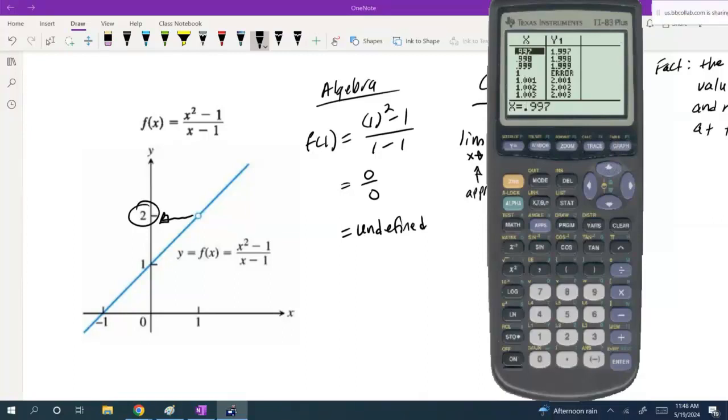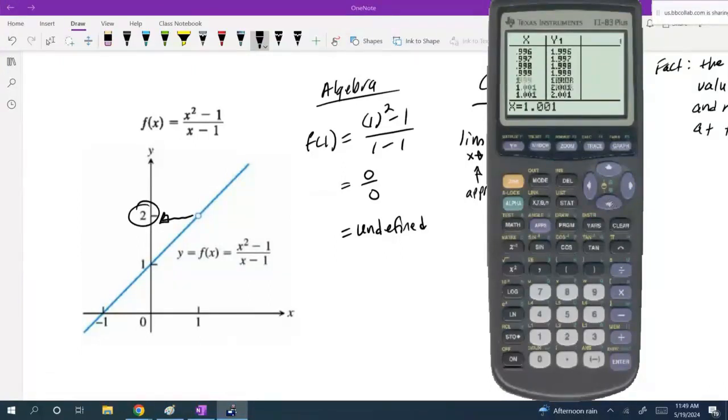All right, so notice as we approach 1 from the left, our value at 1 is actually undefined, but notice that our y value, and the y value is actually the limit, approaches 2.